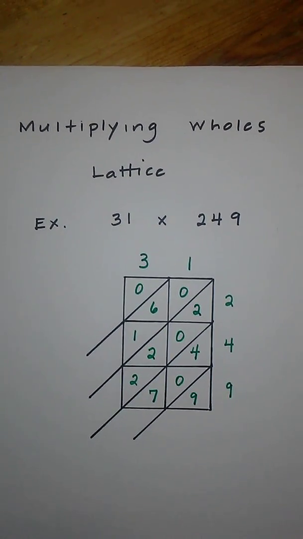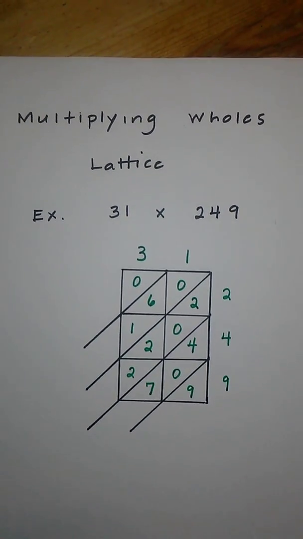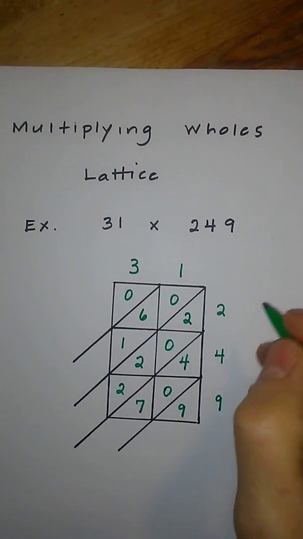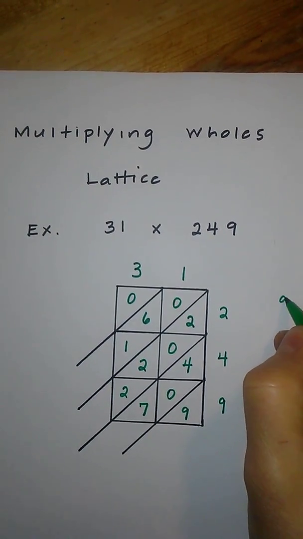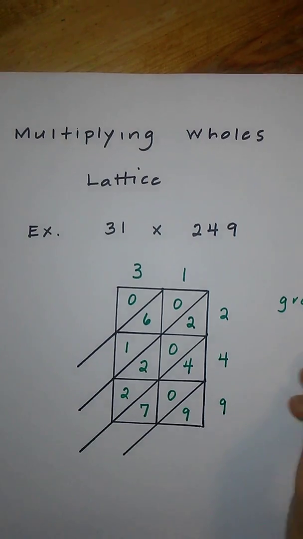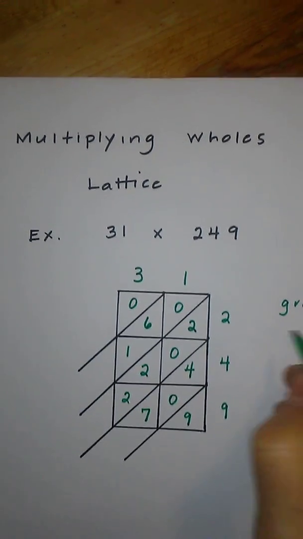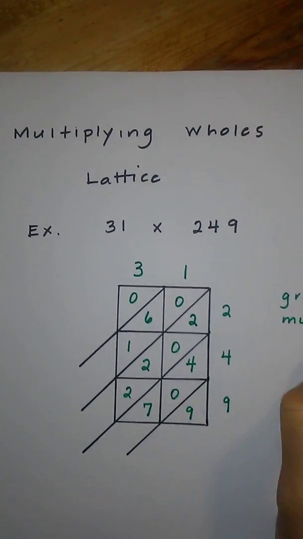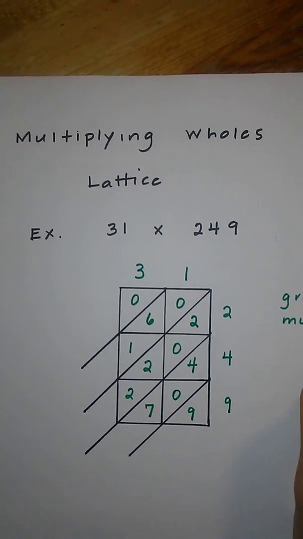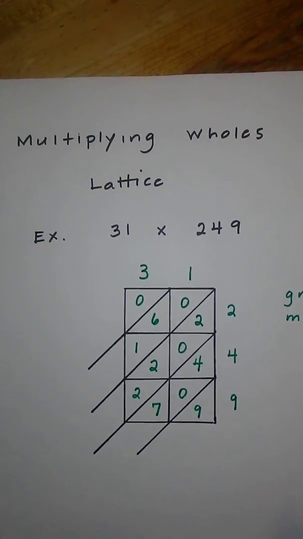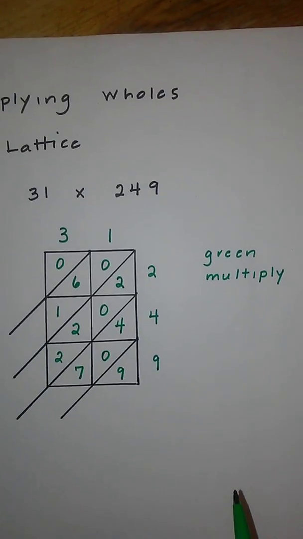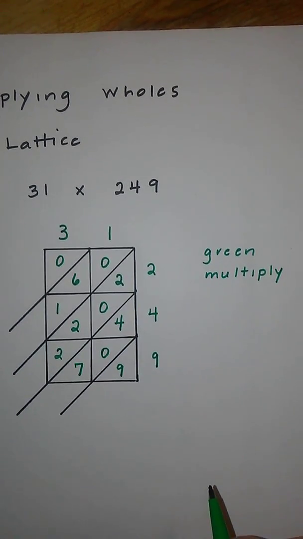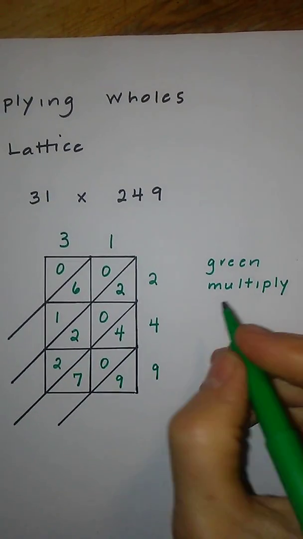So everything that I placed in green is based on the operation of multiplication. So I'm going to write that over here. And again, that is how we're filling in the squares.